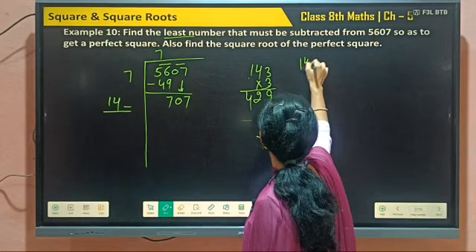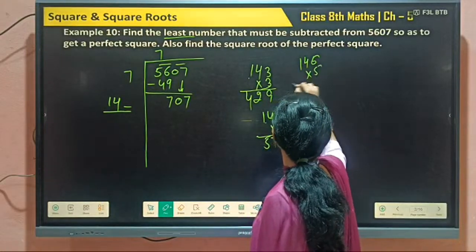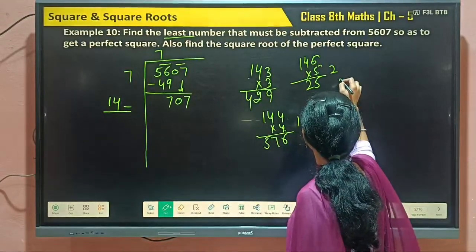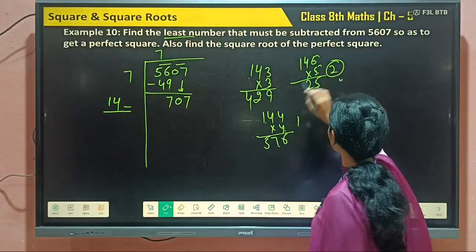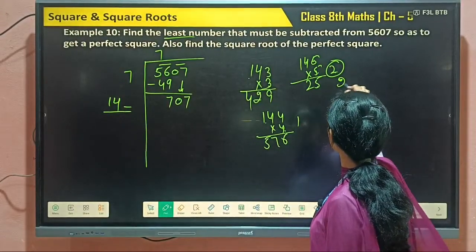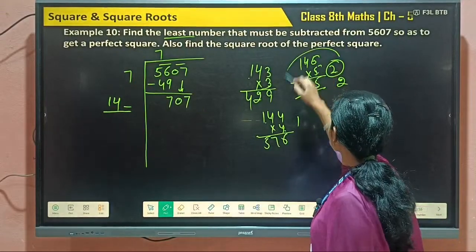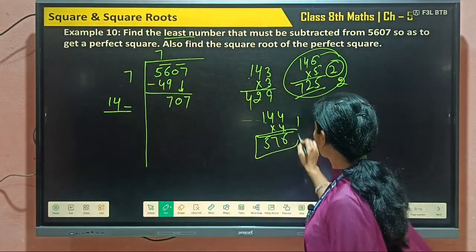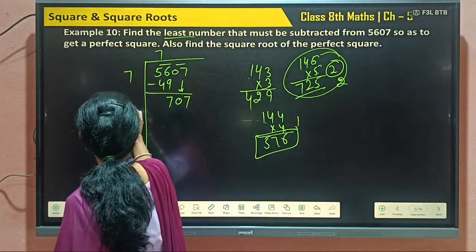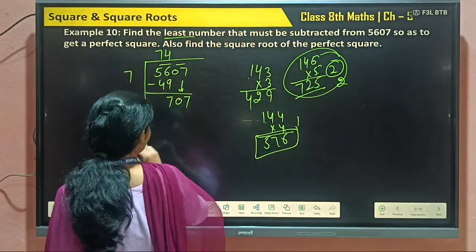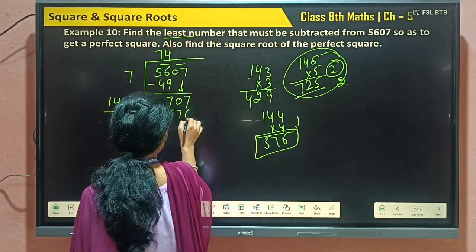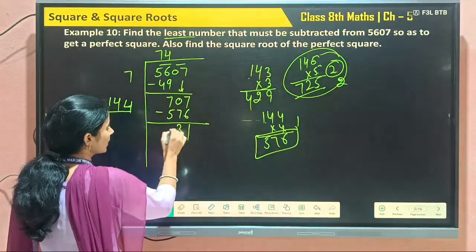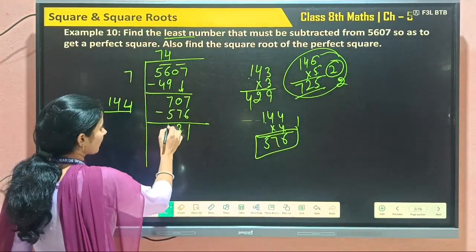If it is multiplied with 5: 5 5s are 25, 5 4s are 20, 22, then it is 725. This 725 will be more than 707. So we will take 4. I will insert 4 at this blank, and 4 I will write there. So the multiplication is 576. Subtract: 7 minus 6 is 1, 10 minus 7 is 3, and 6 minus 5 is 1.